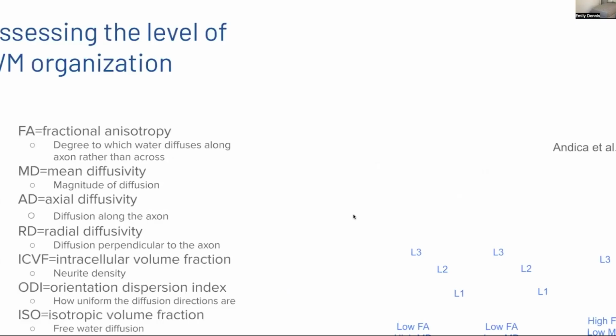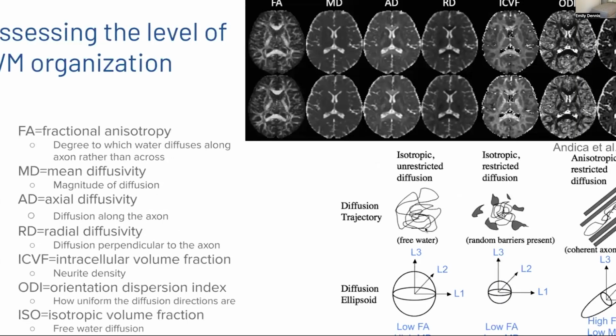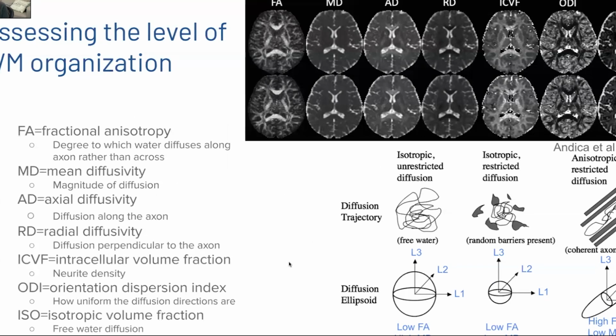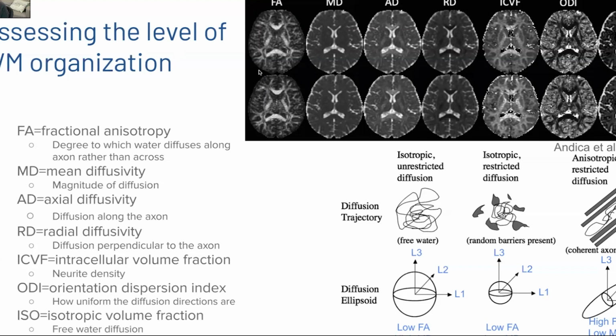So some of the uses of diffusion MRI. Going back to this image that we looked at on one of the early pages, we can use diffusion MRI to assess the level of white matter organization. There are 4 basic metrics that I'm going to talk about and 3 more advanced metrics. The 4 basic metrics are fractional anisotropy, or FA, as shown here in this figure.